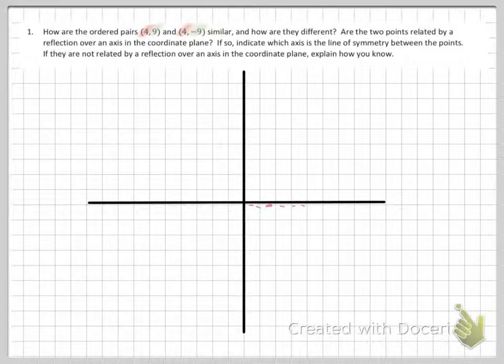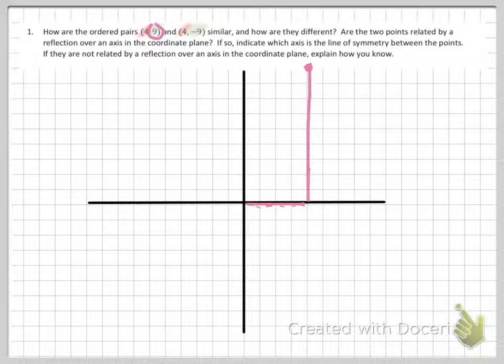So from our +4, which we moved 4 places to the right, the first 9 tells us to go up 9. So 1, 2, 3, 4, 5, 6, 7, 8, 9. So we would go right here, and there's 1 point.